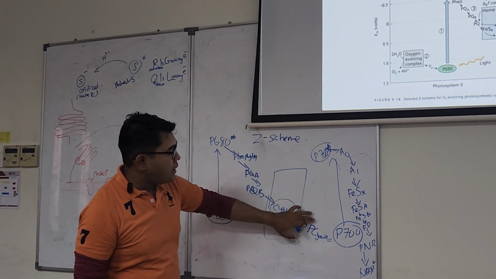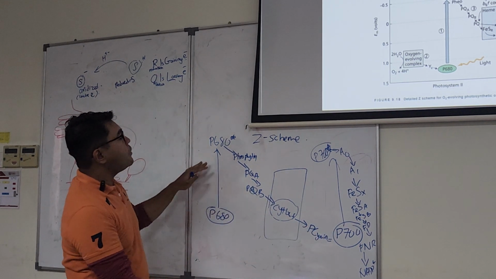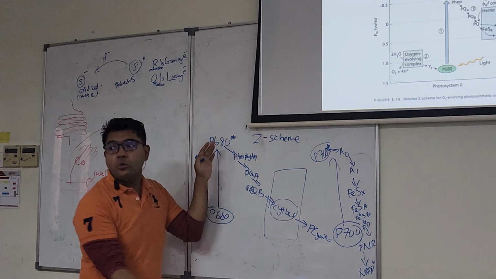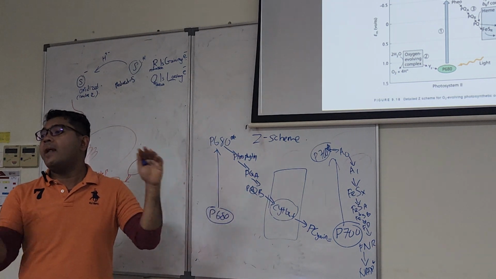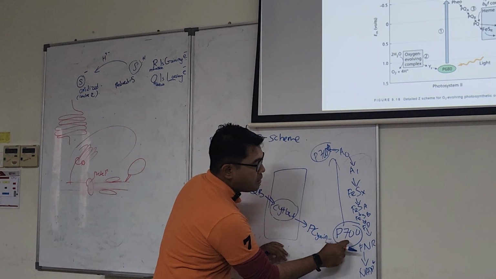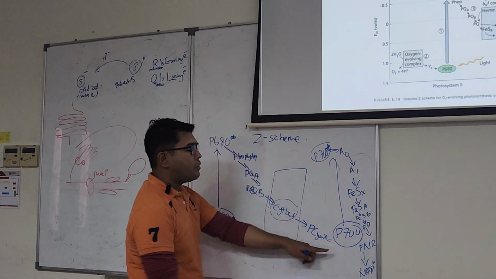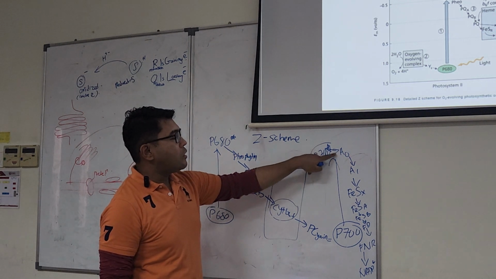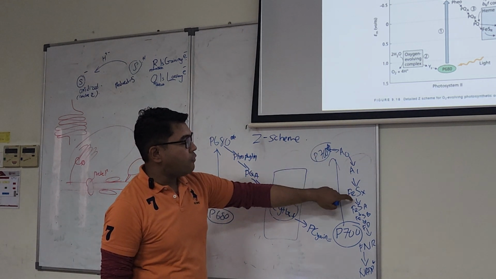Then it goes, tak jauh pun, 680 nanometer to 700 nanometer. So there's only 20 nanometer worth of energy difference saja. Then it will excite the second reaction center, the ground state P700. Then it gets excited, then it will transfer to this cascade of reactions.